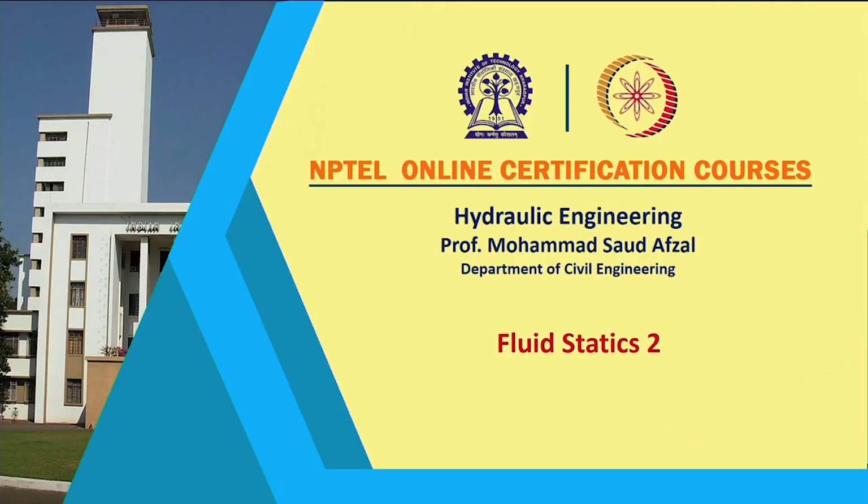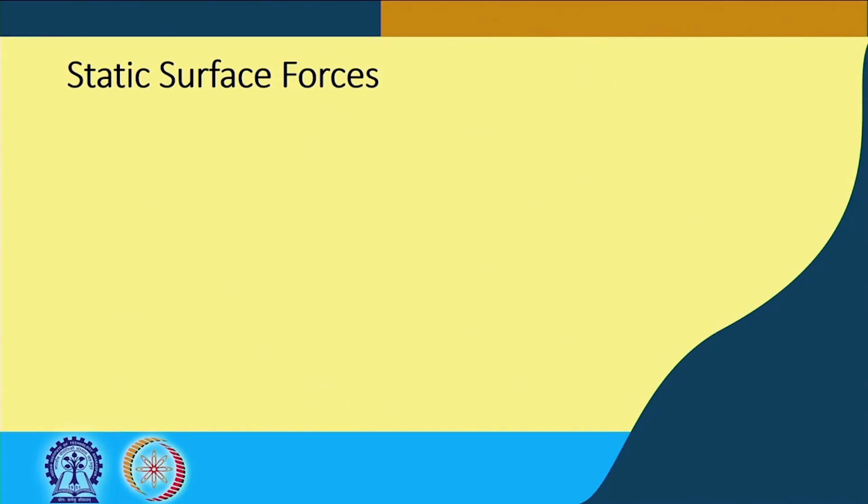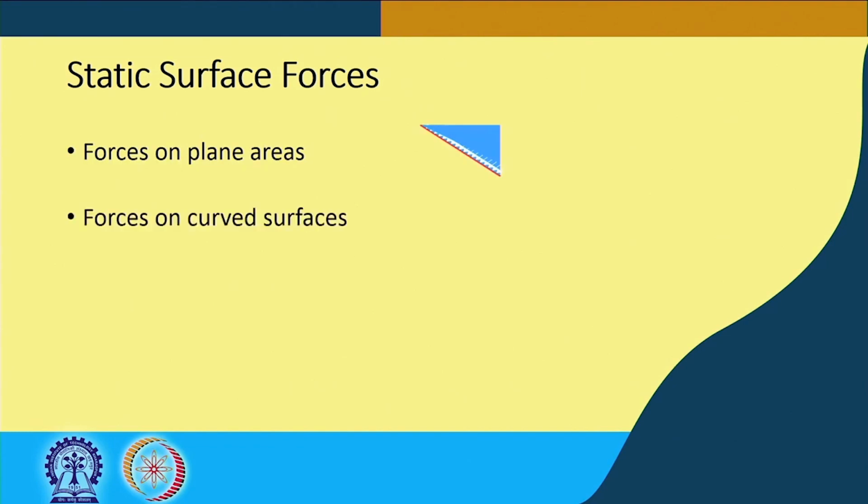So, this is fluid statics 2. I call it 2 because we are going to do the surface forces and body forces. Therefore, we need to know what we are going to study in fluid statics 2. In statics 2, it's static surface forces. We are going to see force on plane areas, and force on curved surfaces like this.